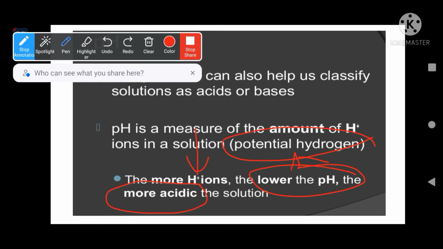When there is an acidic solution, the pH is lower and the potential of hydrogen ions is more.